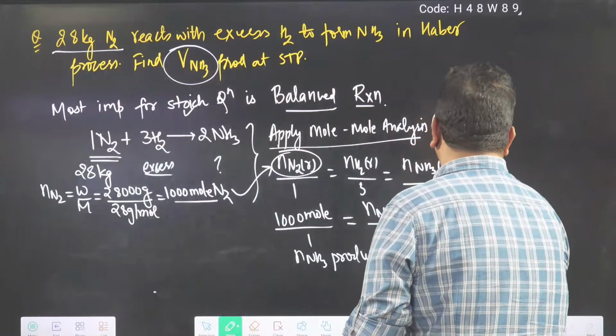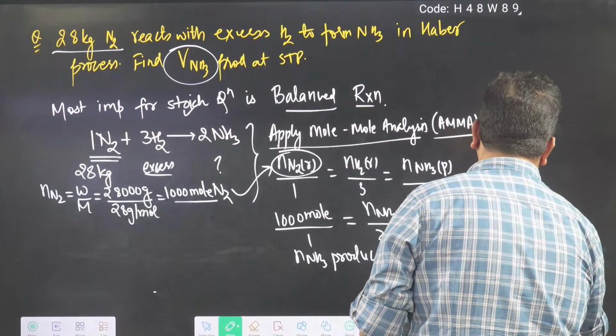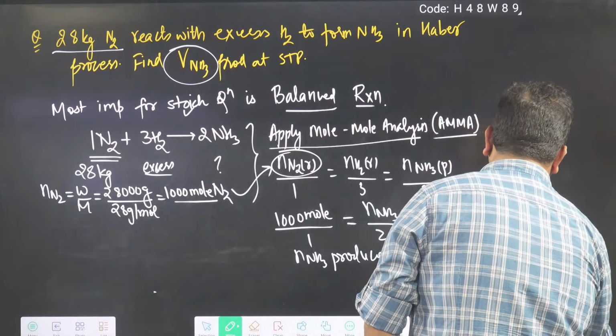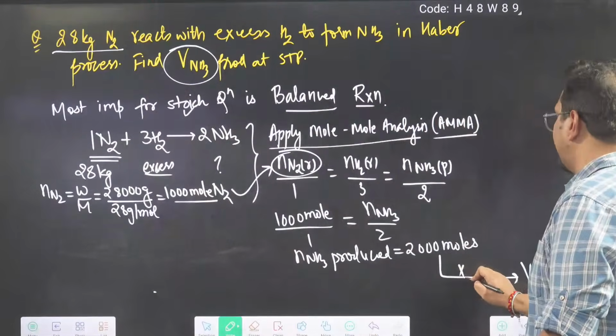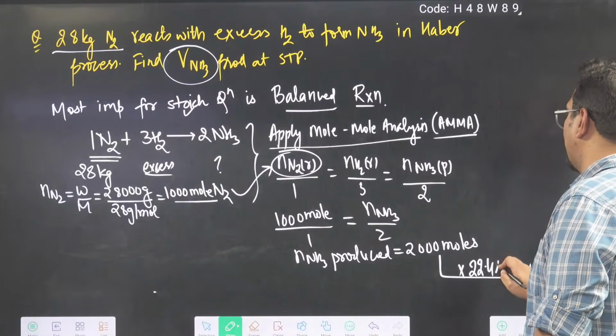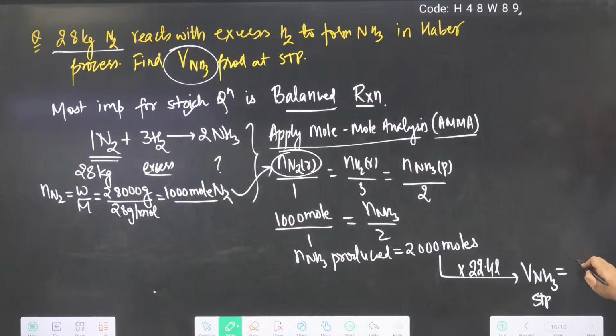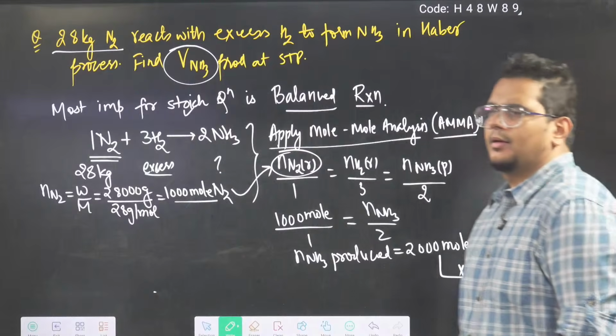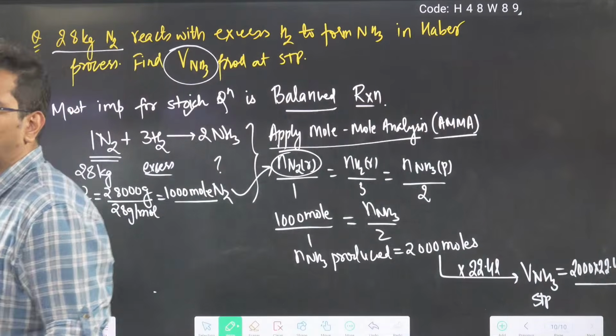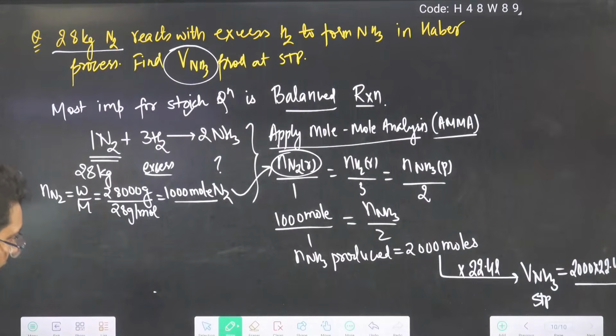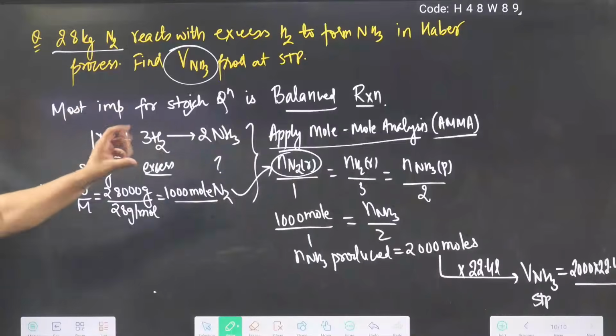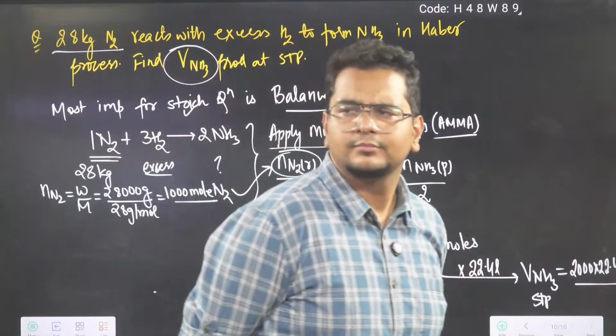We are finding the volume of ammonia at STP, so for volume, I will multiply by 22.4 liter. So my answer will be 2000 into 22.4, and the volume will come in liters. Many of you gave the correct answer, 44.8 into 10 power 3 liter. But did you understand this mole analysis drama, bhai?